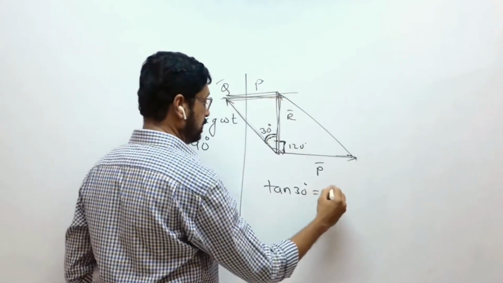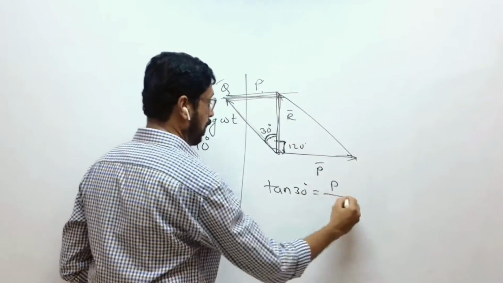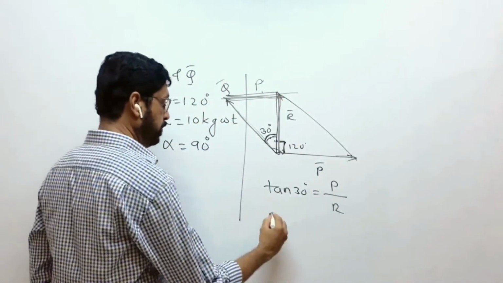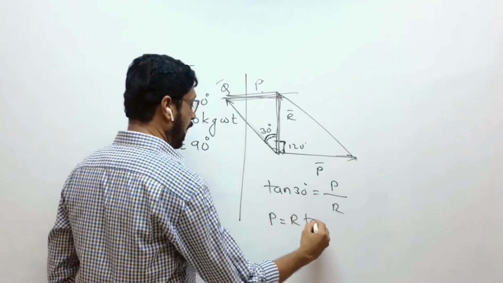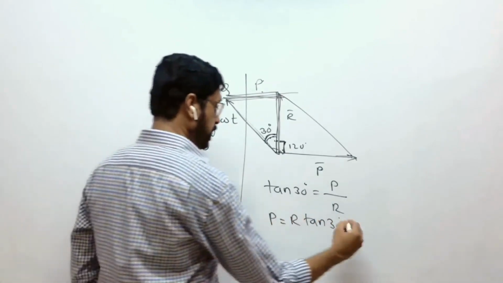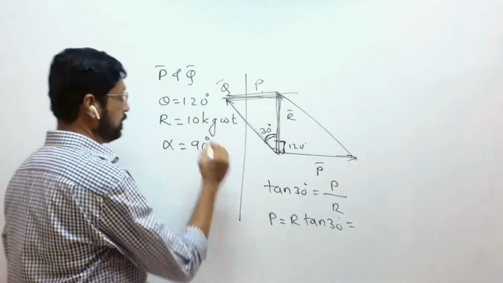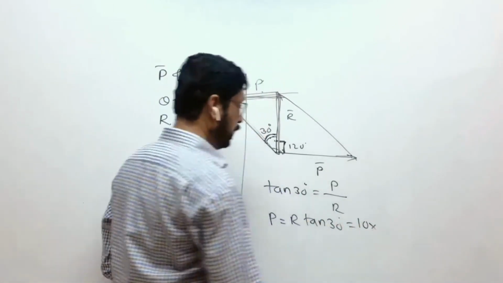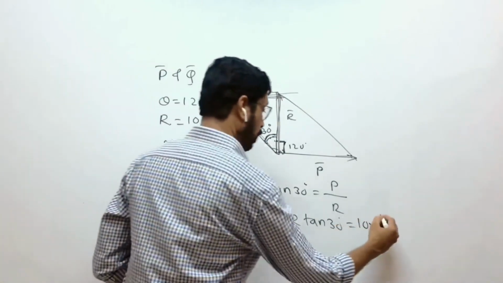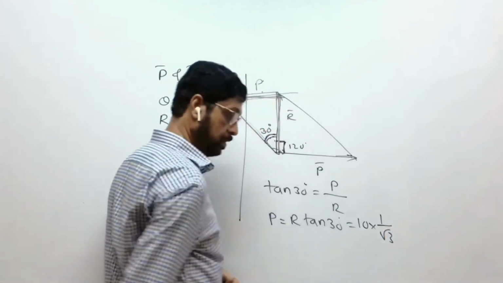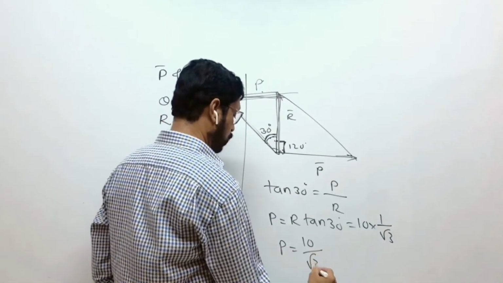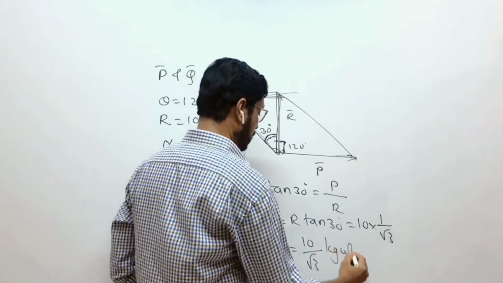Opposite side is P upon adjacent side is R. So P is equal to R tan 30. So P is equal to R, which is given to be 10, into tan of 30 degree, which is 1 by root 3. So P is equal to 10 by root 3 kg weight.